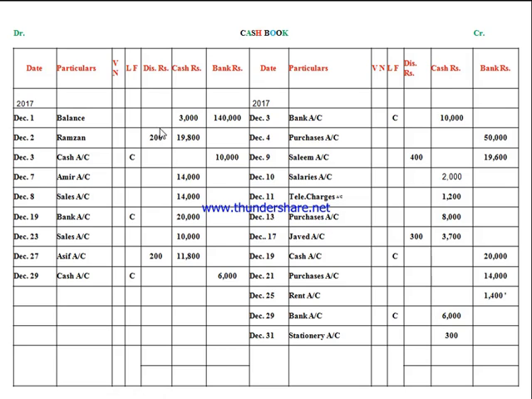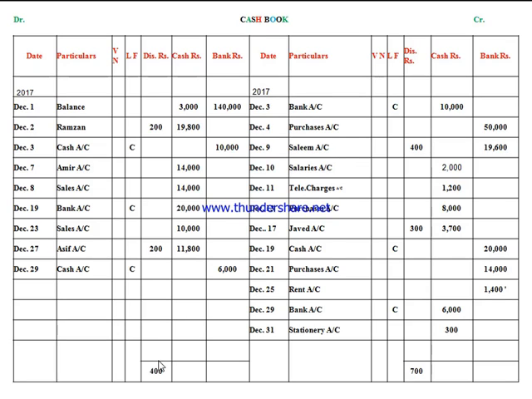The total of the debit side is equal to 400, while the total of the credit side of the discount column is 700. So we will just write down this one. So this is the total of the discount column debit side and discount column credit side.